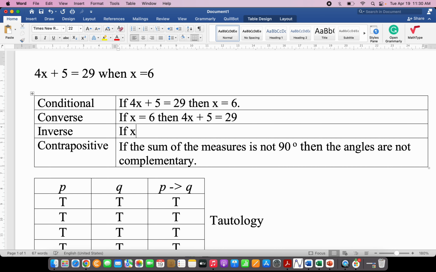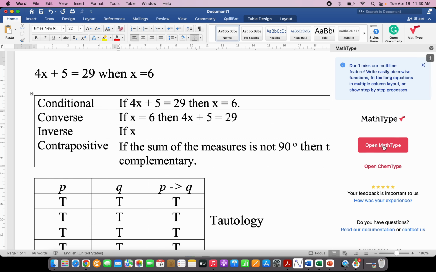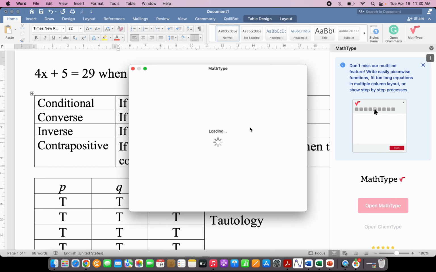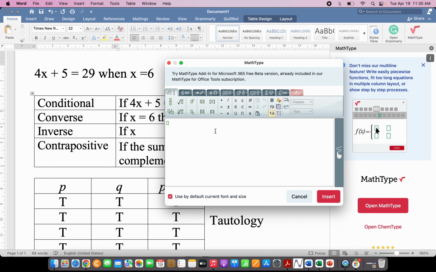So, if x is not equal to 6, kasi walang symbol dito na not equal eh.